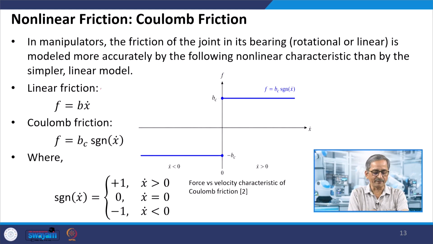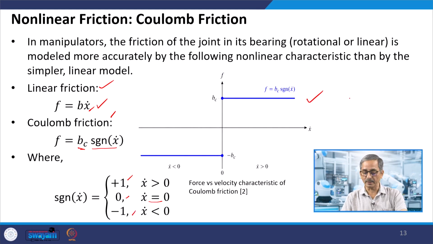So, the linear friction is friction coefficient into the velocity, and we can have the Coulomb friction as well. So, Coulomb friction coefficient into sign of x dot, where when x dot is 0 this value is 0, x dot greater than 0 this is plus 1 and x dot less than 0 it is minus 1. So, this is what has been shown over here.